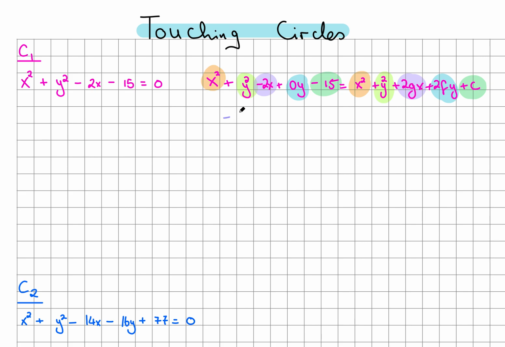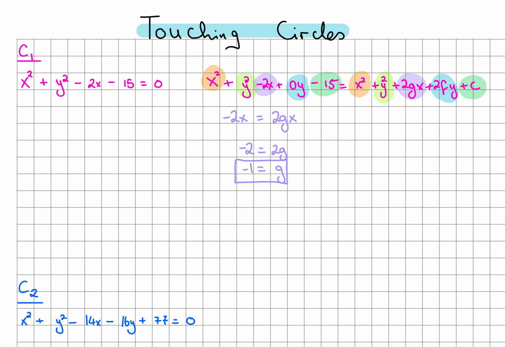Minus 2x is equal to 2gx. If I divide both sides by x, I get minus 2 is equal to 2g. If I divide both sides by 2, I get g is equal to minus 1. So there's one piece that I'm going to use later on.